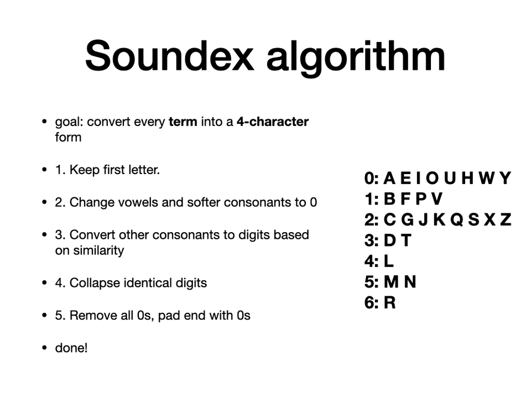Next step, you will change all the vowels and even the soft consonants like W and H and Y, make those a 0. Those are all lumped together in the same category of sound. You would then convert all the other consonants to digits based on their similarity. So B, V, P, those all kind of fit together.